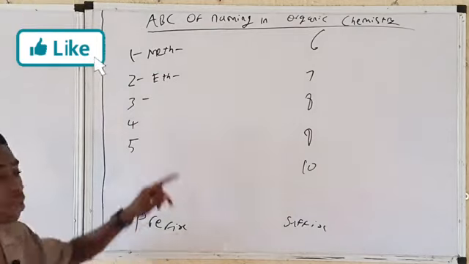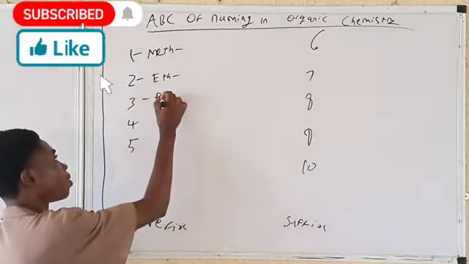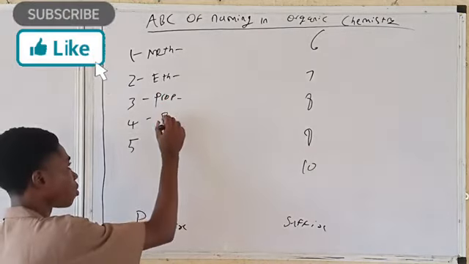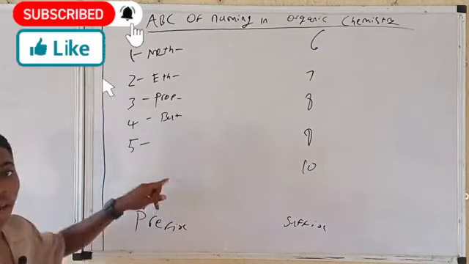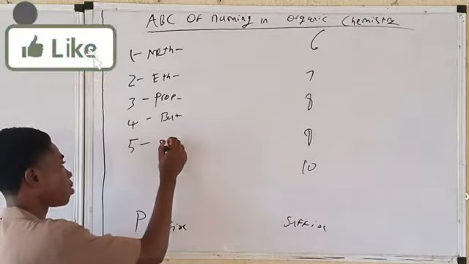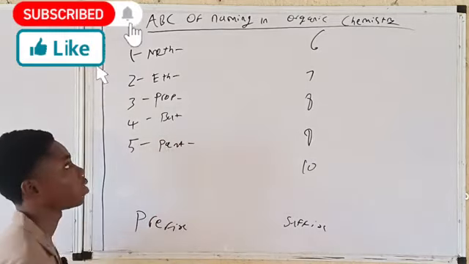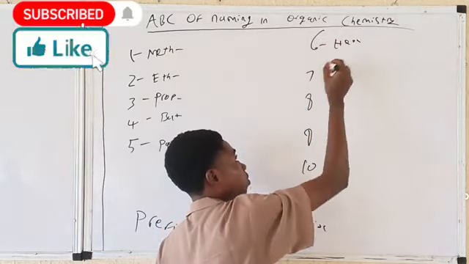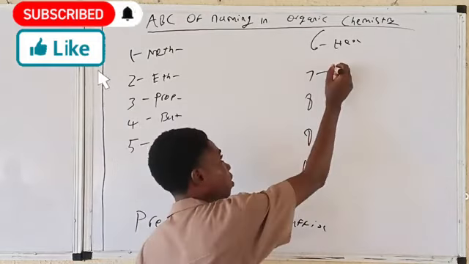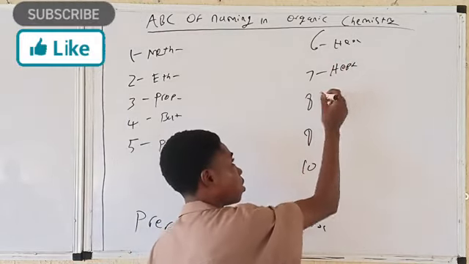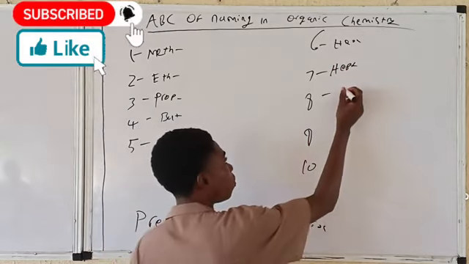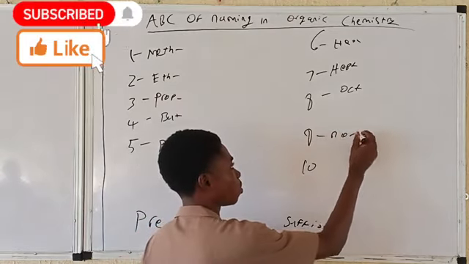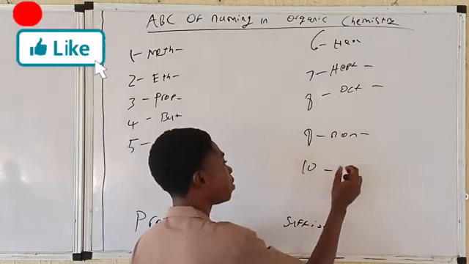For 3, prop. 4, but. 5, pent. 6, hex. 7, hept. 8, oct. 9, non. And for 10 is dec.